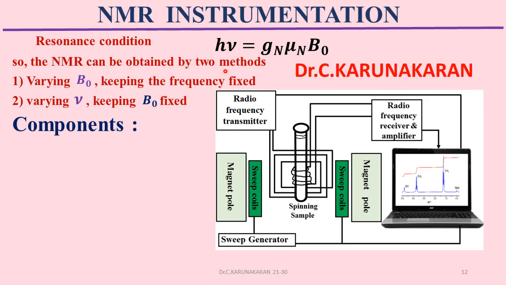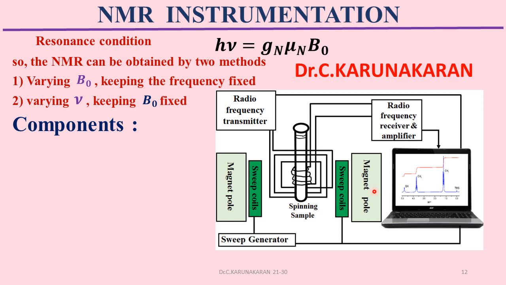Here we will study about the NMR instrumentation. Based on the NMR resonance condition, h nu equal to g n mu n B naught, the NMR spectrum can be obtained by two methods, either by varying B naught, keeping nu constant, or by varying nu and keeping B naught constant.